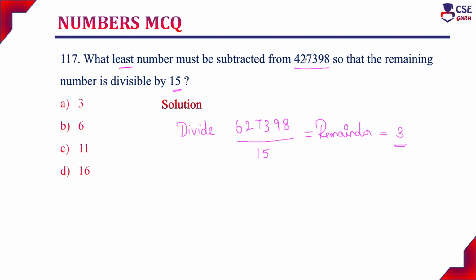If you are subtracting the value 3 from this sum, 427398 minus 3, we will get 427395. Then this sum is exactly divisible by 15. So the required number to be subtracted from this sum is nothing but the remainder. So the answer is option A, 3.